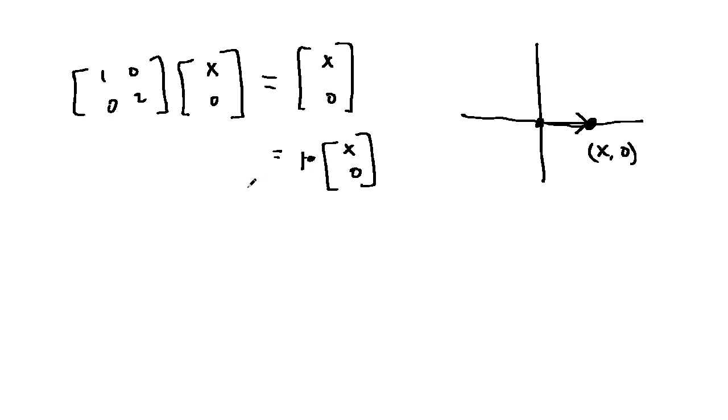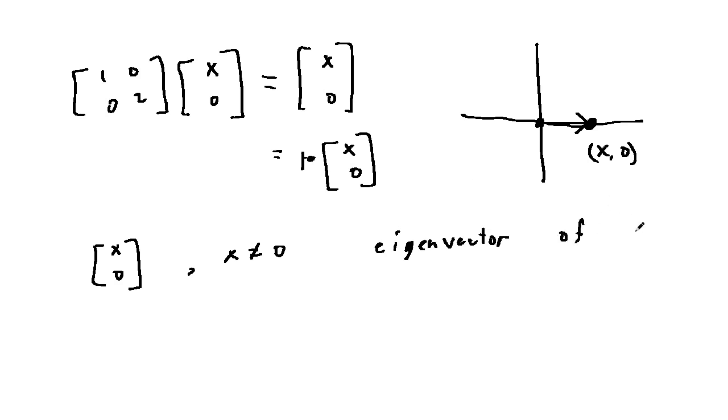Any vector of the form x, 0, where x is not 0, is an eigenvector of A corresponding to the eigenvalue lambda equals 1.